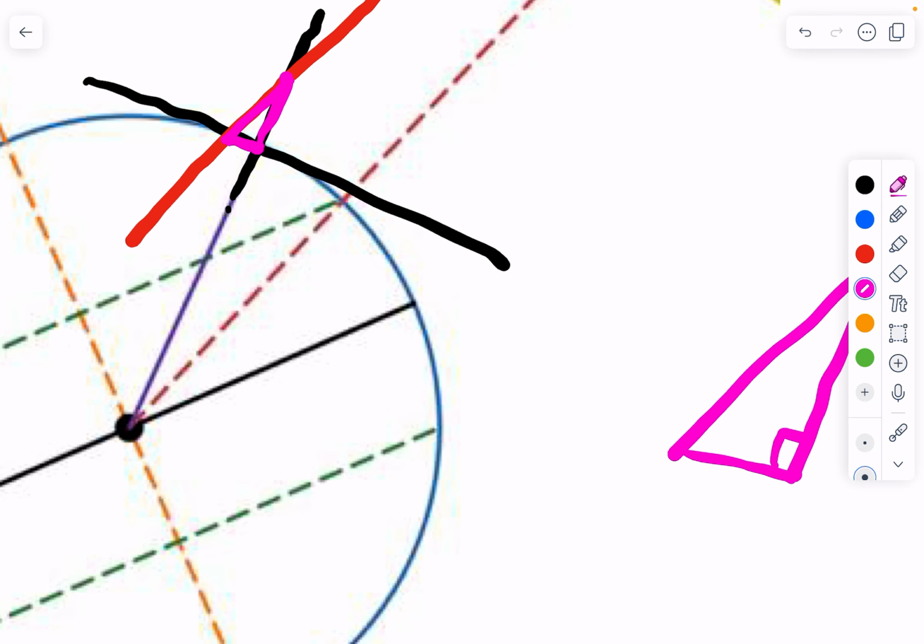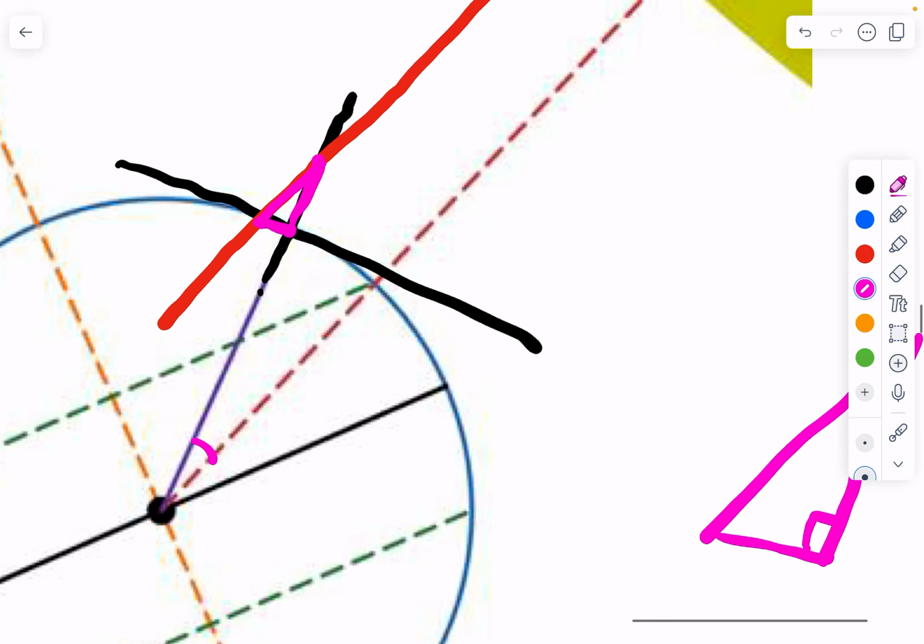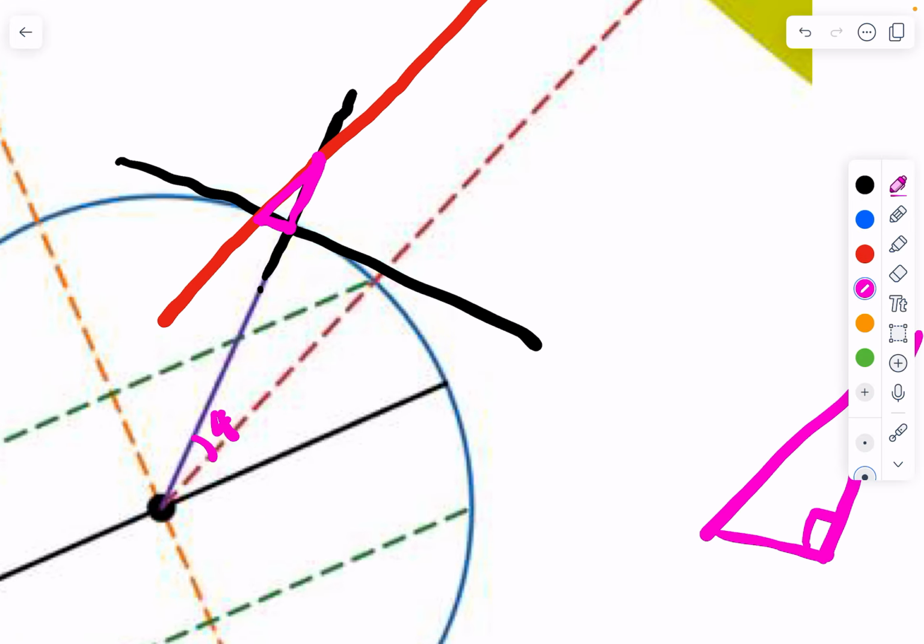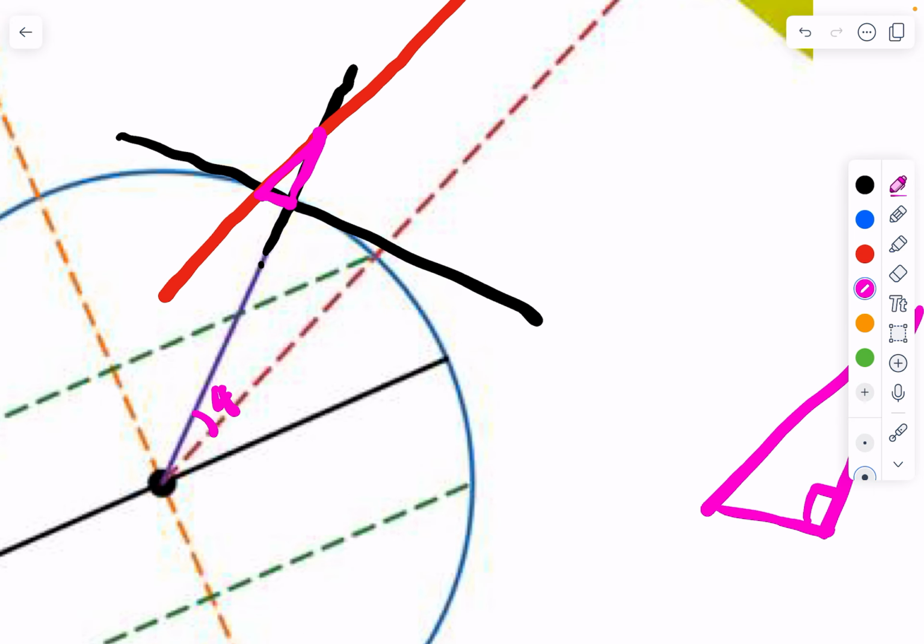And this time, we know that this angle is actually equal to 42 minus 23.5, which is... wait, no, not 20 and a half.